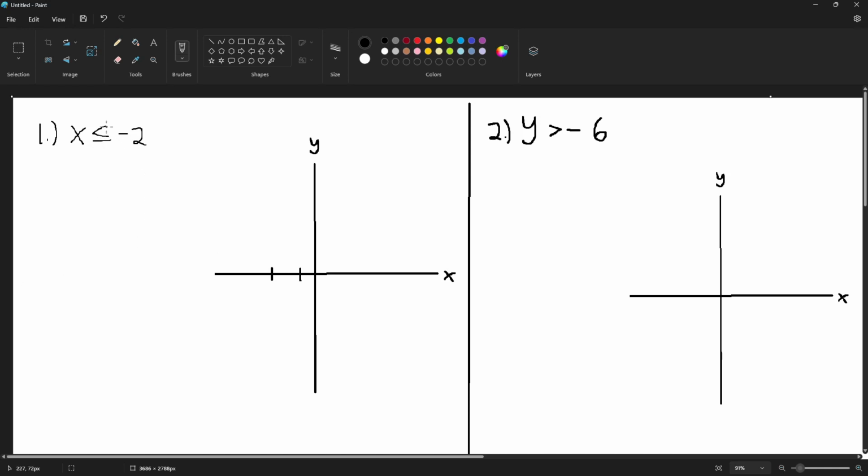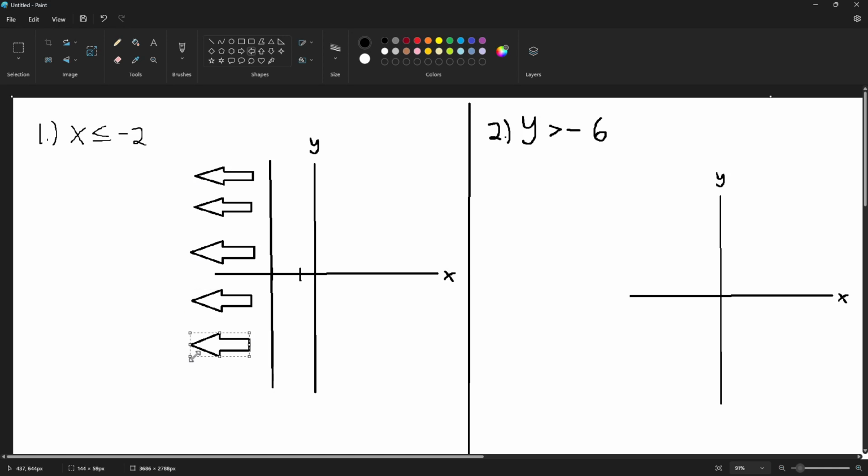And since this is a less than or equal to, we will be drawing a straight and solid line. And since less than is towards the negative, we will draw arrows towards the negative side. And that is how you graph number 1.